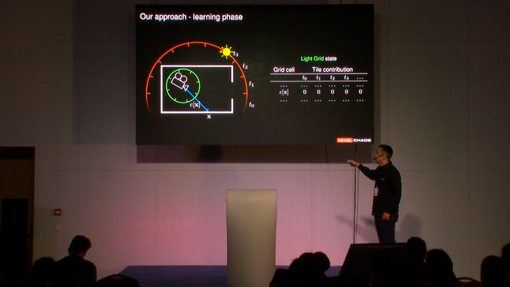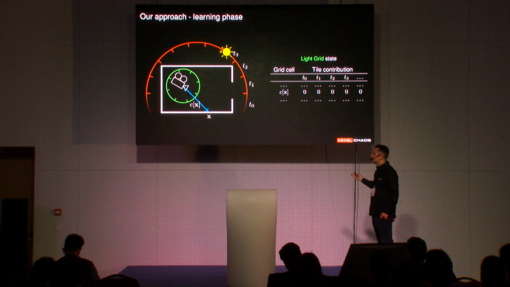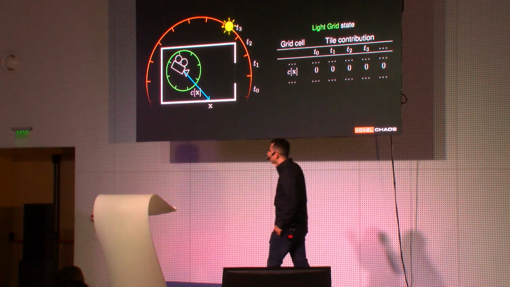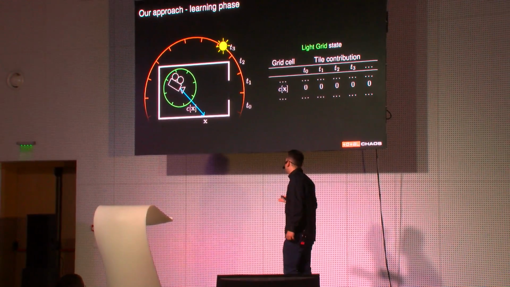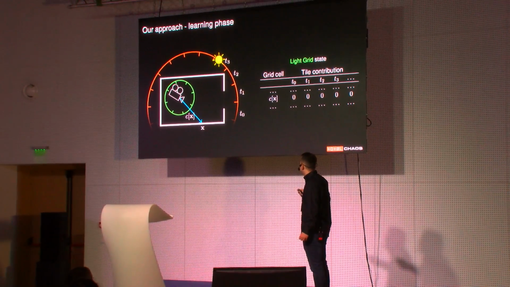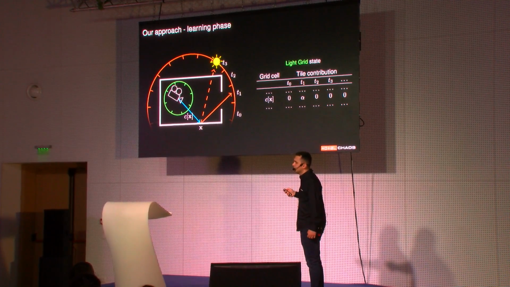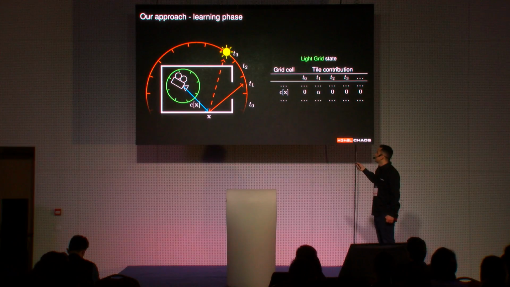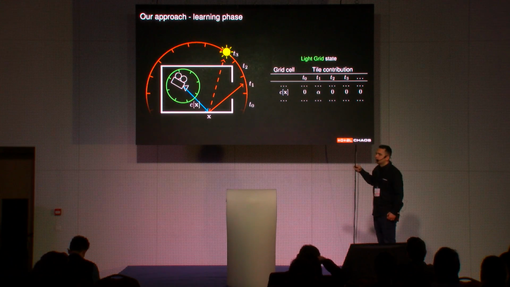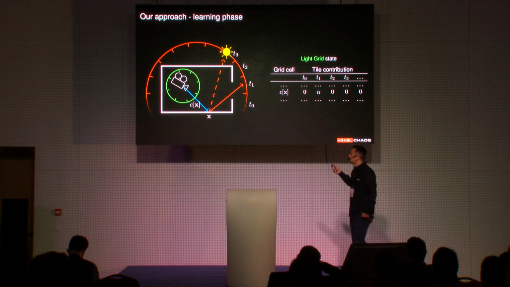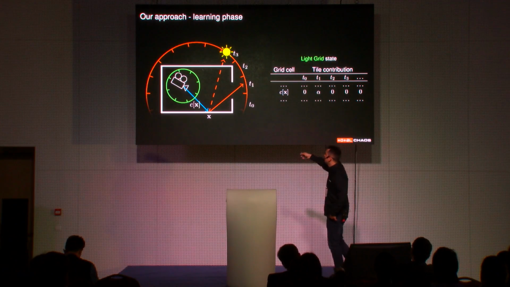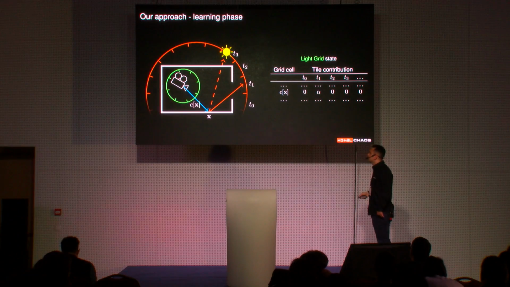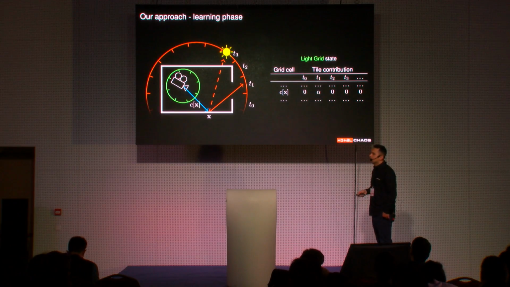We can project the point X and see immediately which grid cell this point belongs to, and we can compute the lighting. Now we can see that some rays actually reach tiles, and some other rays, like the dashed one, do not reach a tile.